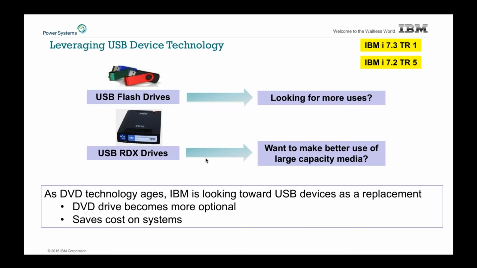Some of those technologies are becoming very long in the tooth, and as we look into the future, are likely not going to be available, nor do we want them available, because there's better options. Things like a USB thumb drive or a flash drive, for instance, is a fantastic technology, and that's something that we're continuing to invest in here on IBM i and going to be leveraging.